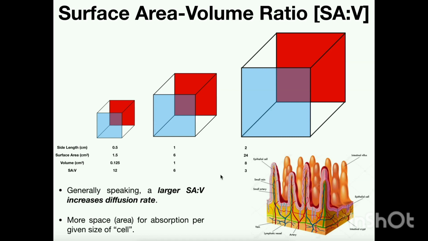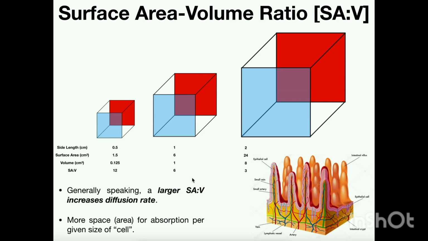Now here's the key. Generally speaking, a larger surface area to volume ratio increases diffusion rate. So the highest rate of diffusion is going to be seen in structures that have a larger surface area to volume ratio. What that also means is that if you want to maximize the diffusion rate, you really need to increase the surface area as much as possible for the given shape, or the given cell, or whatever it happens to be.